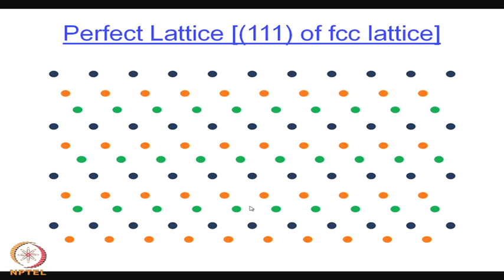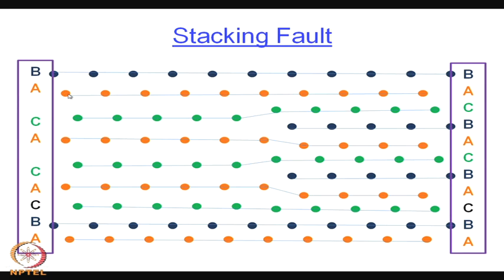Well, this will be clearer in a better way. Once again, this is a perfect lattice of the 1 1 1 plane. These are the different layers of planes, and I think this will be clear in the next one.